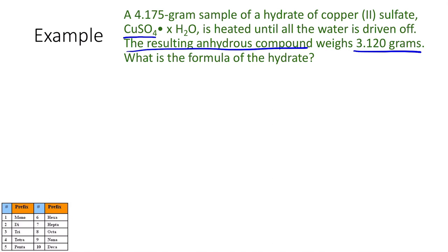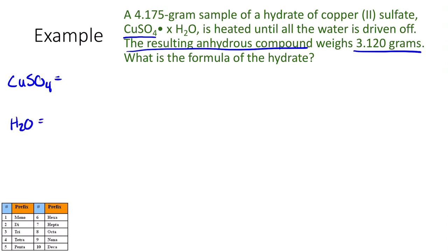But in a problem like this where we're given the mass data and it's telling us that we've evaporated water, you have to calculate how much water evaporated in this case. Sometimes it'll tell you the mass of the water that evaporated, and you're going to have to calculate the amount for the anhydrate. All right, so read these problems really carefully so that you know what you're looking for. So our goal here is to have an amount for copper sulfate and an amount for water.